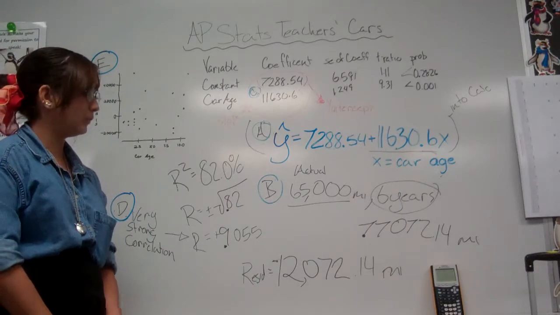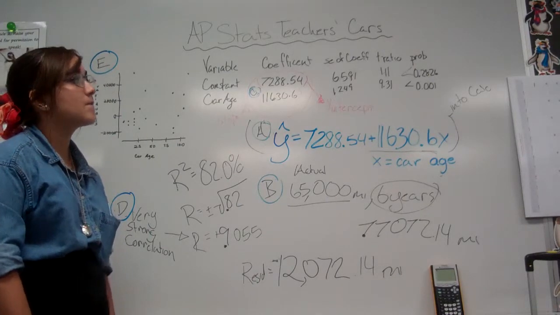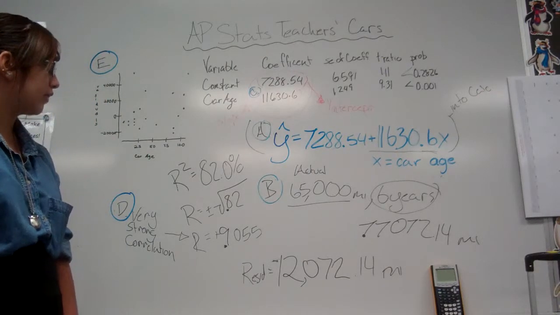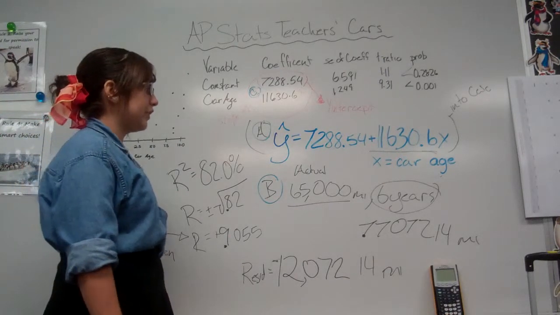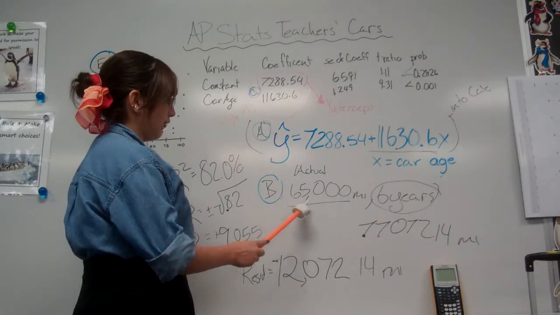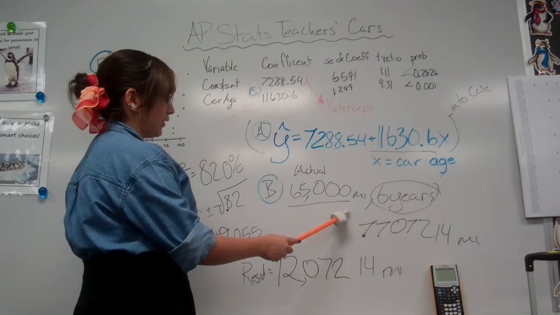Okay, B. One teacher reported that her 6-year-old car had 65,000 miles on it. Find its residual. To calculate this, we need to find its predicted value first, because we already know the actual value is 65,000 miles.